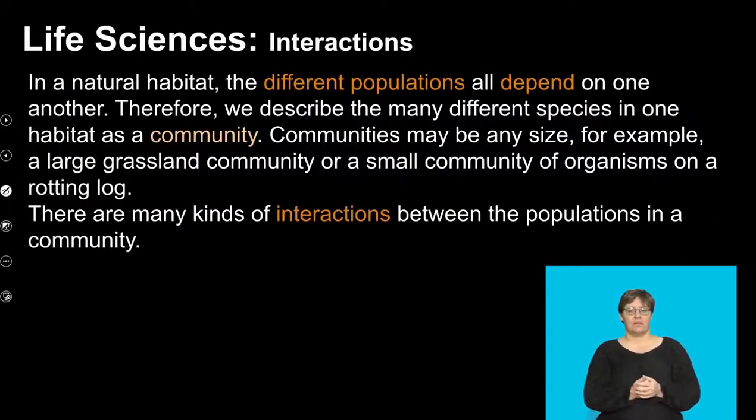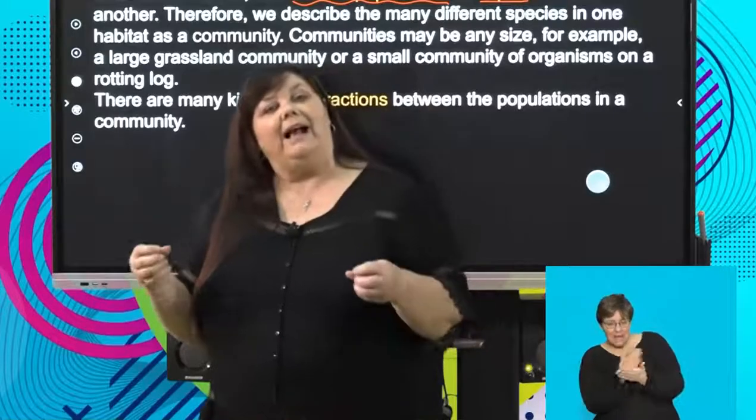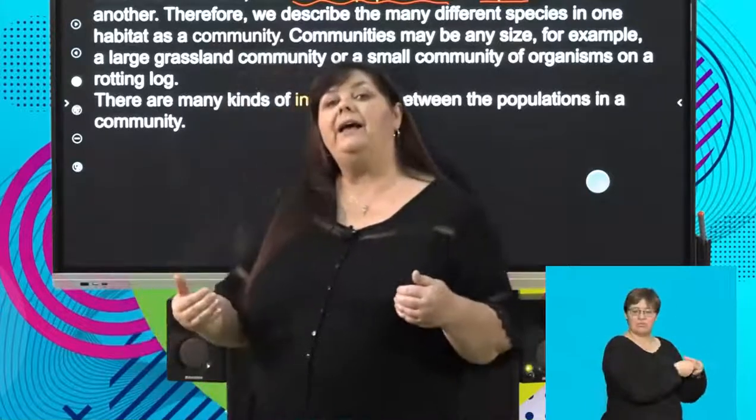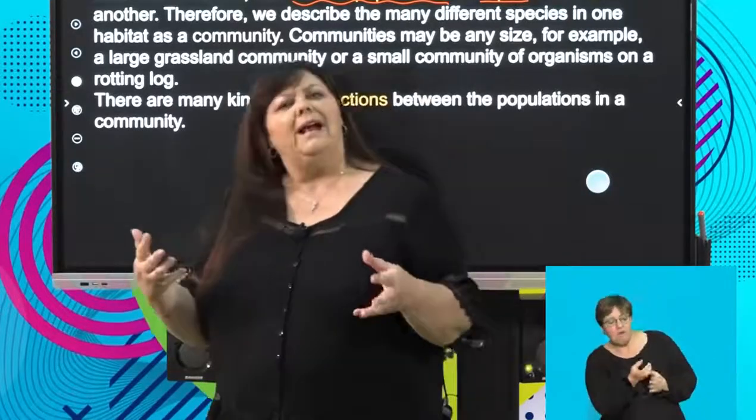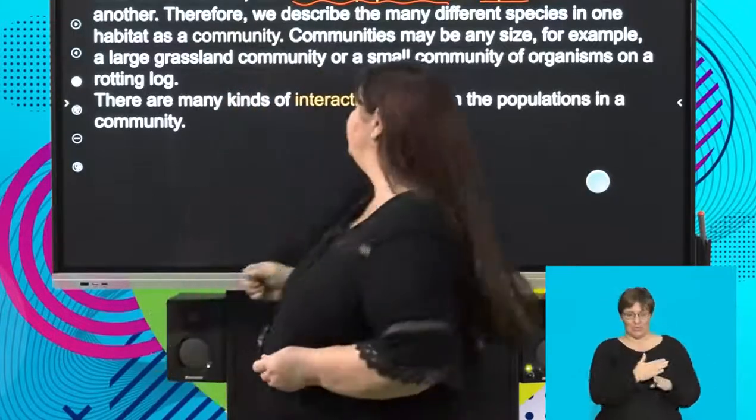In a natural habitat, different populations are going to depend on one another. Remember, some are going to eat others, and some are going to rely on others for other things as well that we're going to be exploring in this lesson.